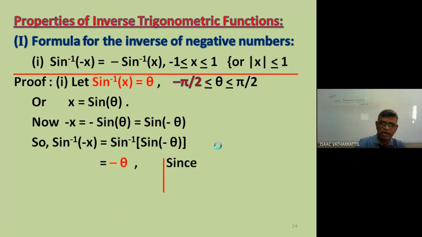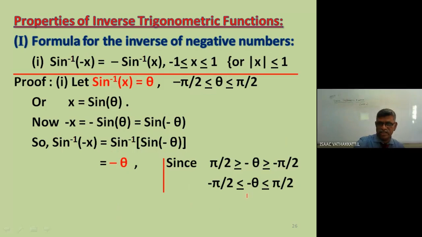That's true, because minus pi by 2 is less than or equal to theta, which is less than or equal to pi by 2. If I multiply with minus 1, the inequality reverses: pi by 2 is more than or equal to minus theta, which is more than or equal to minus pi by 2. Or we read it as minus pi by 2 less than or equal to minus theta less than or equal to pi by 2.